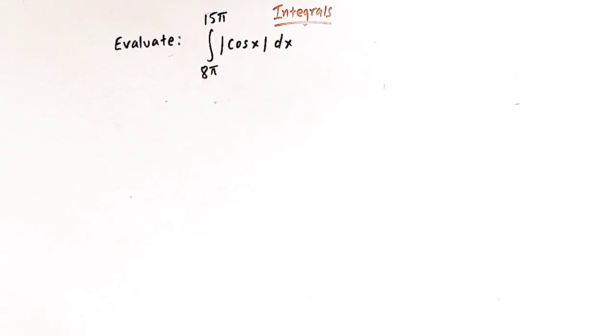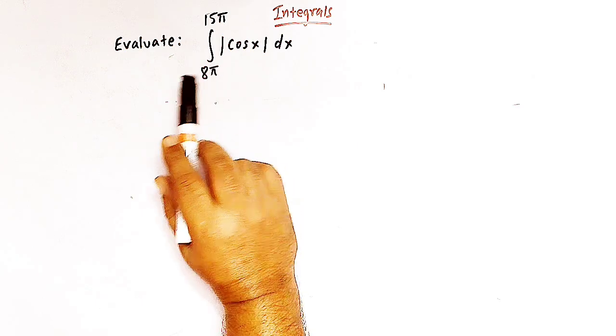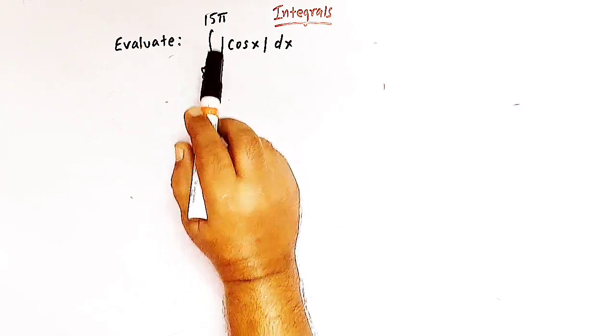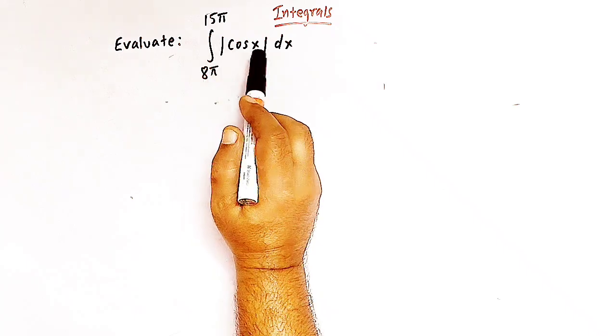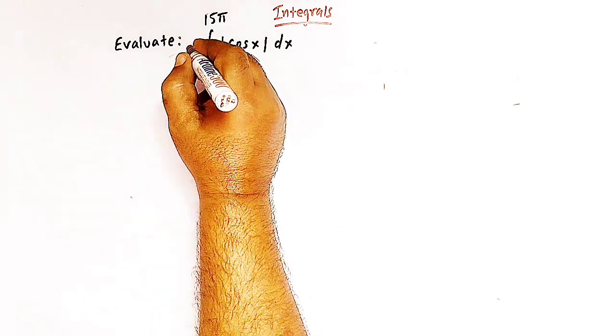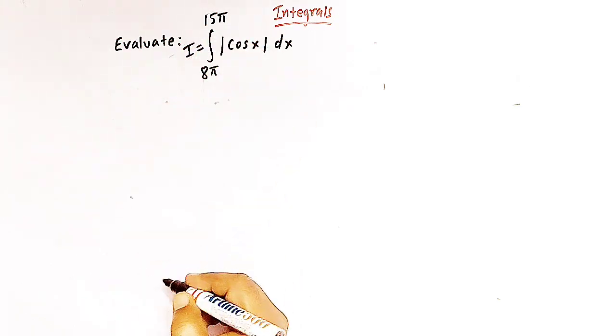Hello viewers, in today's session we are going to discuss another important and conceptual problem from definite integrals, and in this session we are going to evaluate this integral where we have the limits from 8 pi to 15 pi, and the integrand is absolute value of cosine x, right? So let us call this integral I, right?